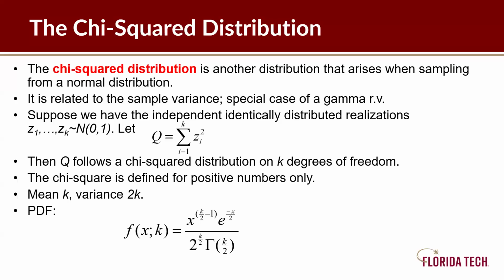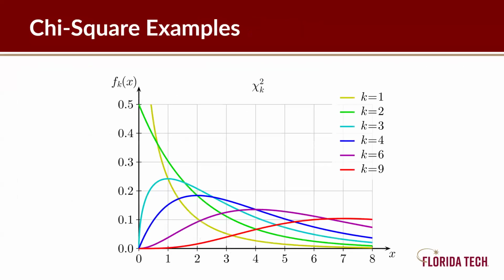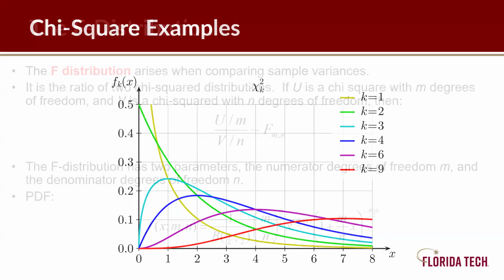So chi-square is defined for positive numbers only. There's the PDF. Mean k, variance 2k, where k is the degrees of freedom. And just to get an idea what they look like, it's asymmetric, as you can see, and you can see how it looks similar to your gamma.